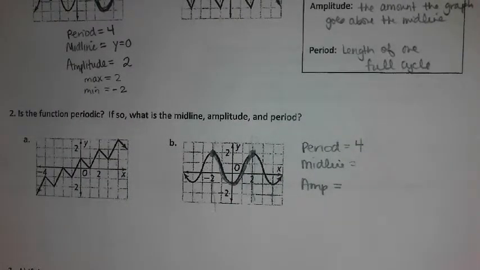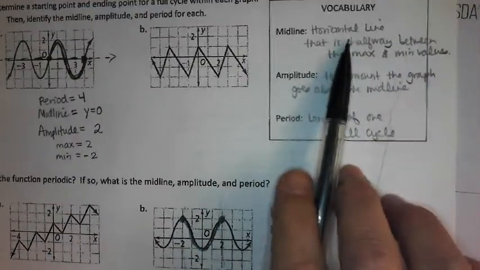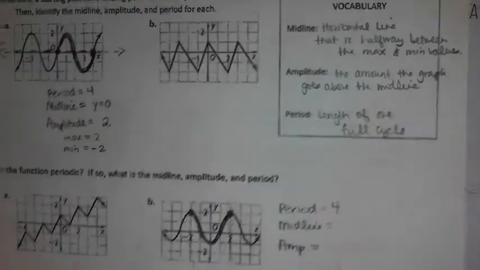What is my midline? You can take a minute to think about it. I'll give you a hint. It's not a whole number. Midline definition, it's the horizontal line that is halfway between the max and the min.